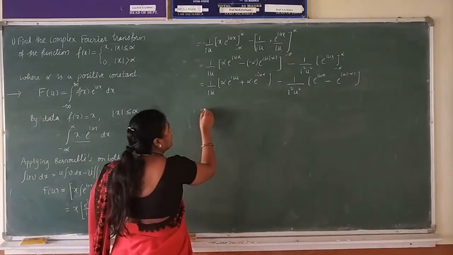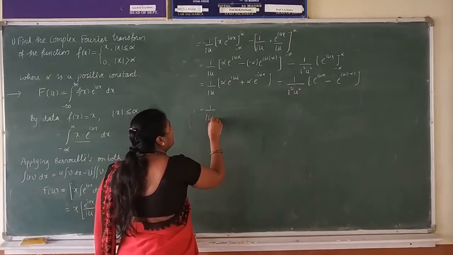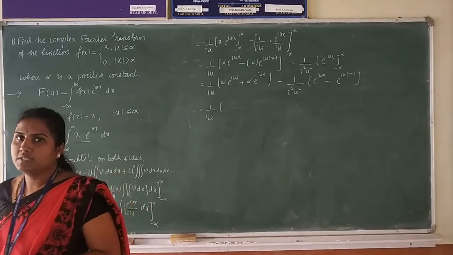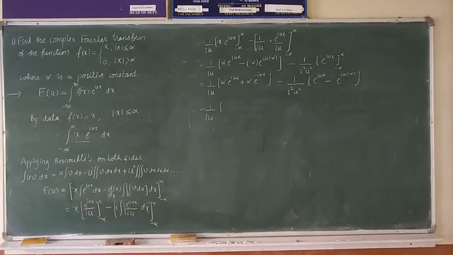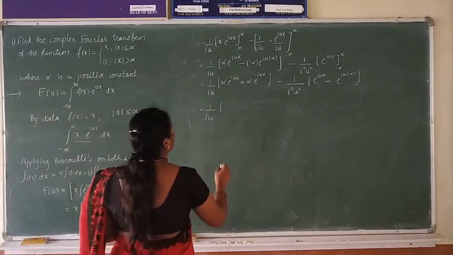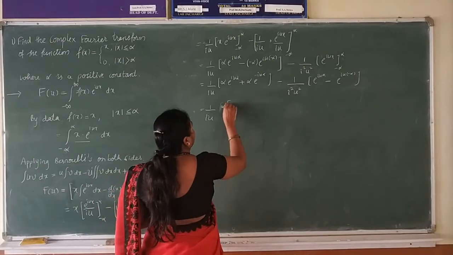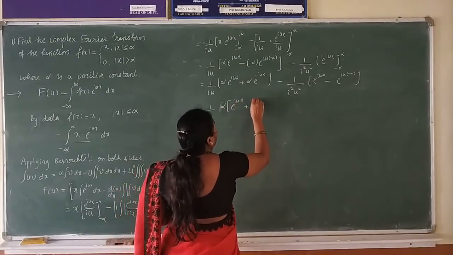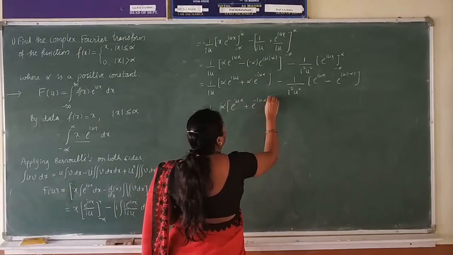Next is equal to 1 upon iu alpha. Here you can see in the first term in the bracket, alpha is a constant term. Taking alpha as a constant term, e to the power iu alpha plus e to the power minus iu alpha.